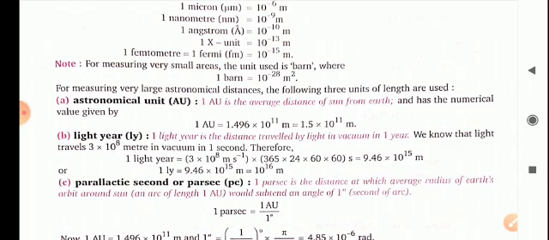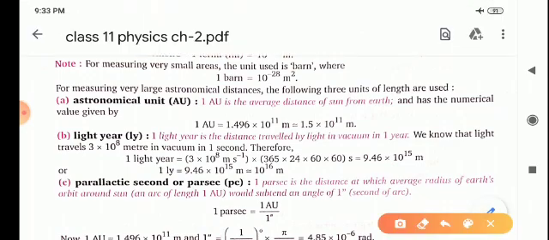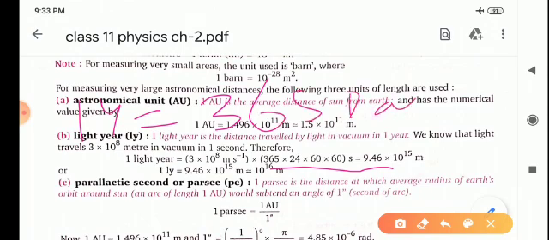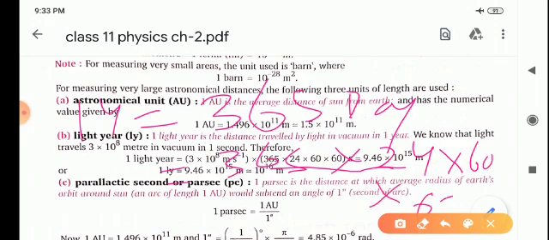B point: light year. 1 light year is the distance light travels in one year, at 3 into 10 power 8 meter per second. 1 year equals 365 days, 1 day equals 24 hours, 1 hour equals 60 minutes, and 1 minute equals 60 seconds.